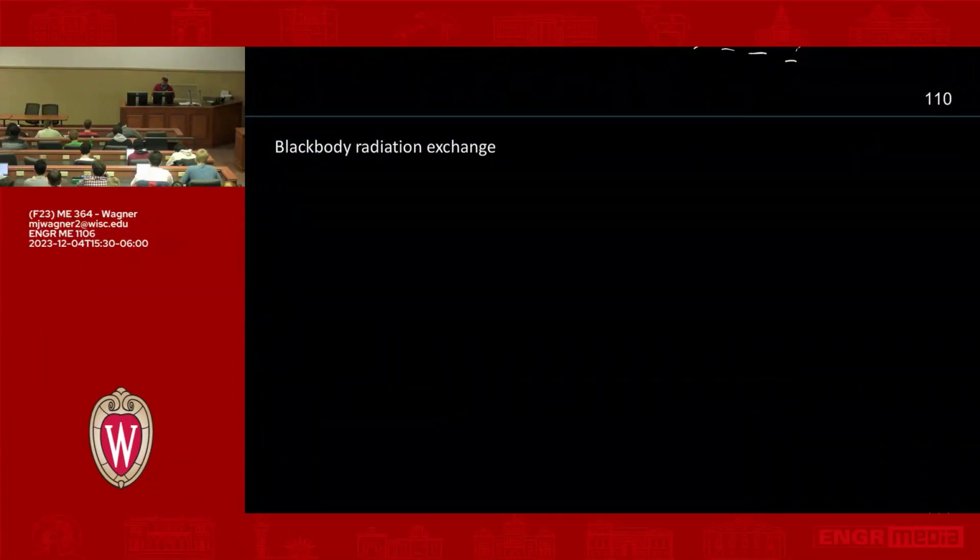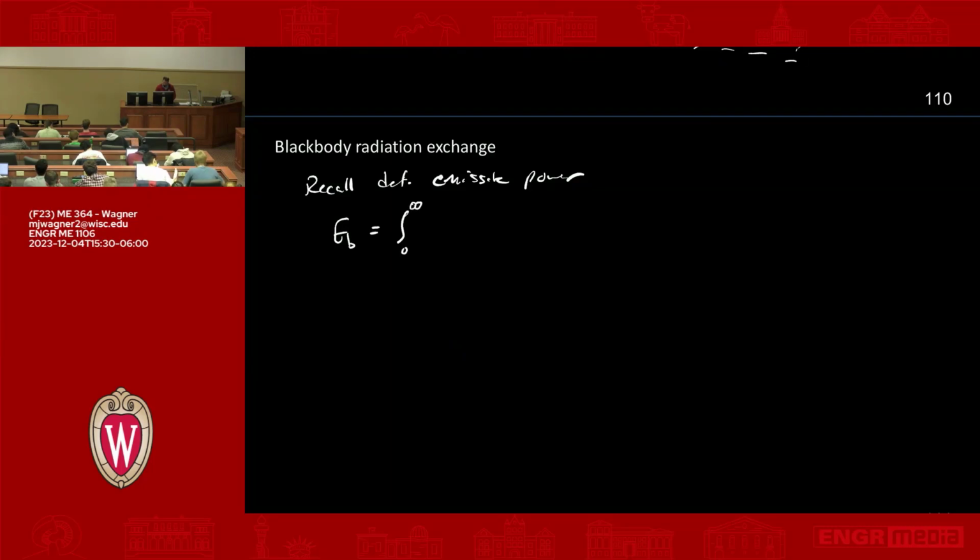So first I want to recall the definition of emissive power. This is E sub B. My blackbody emissive power is the integral from 0 to infinity of E_B lambda d lambda, which we showed is also equal to sigma T to the fourth.